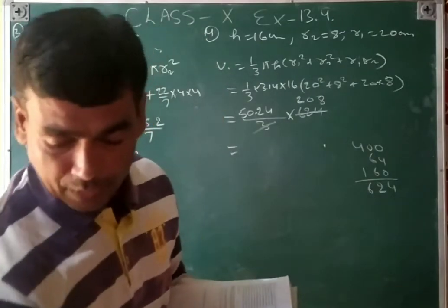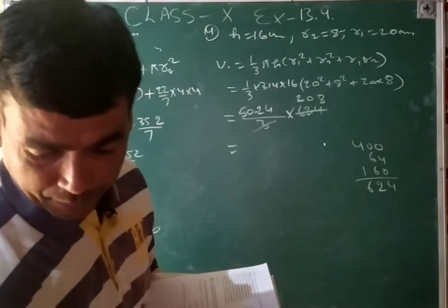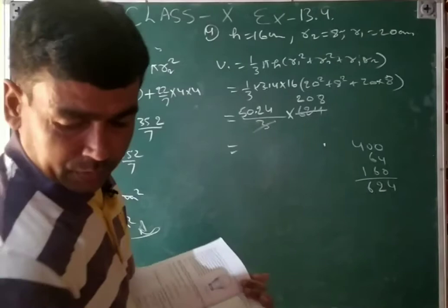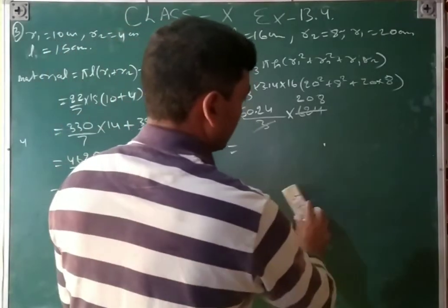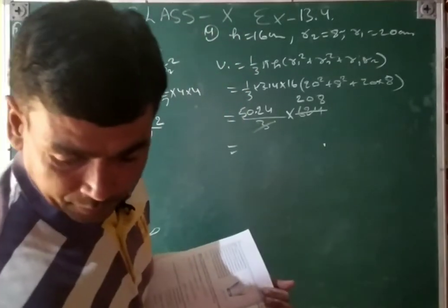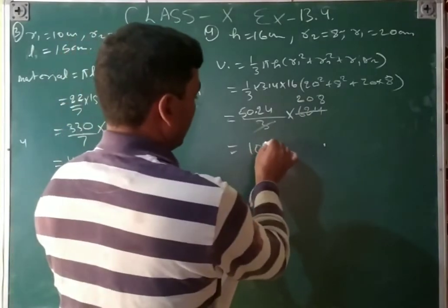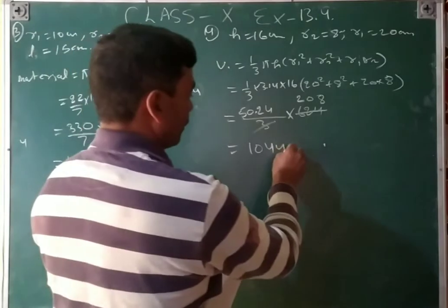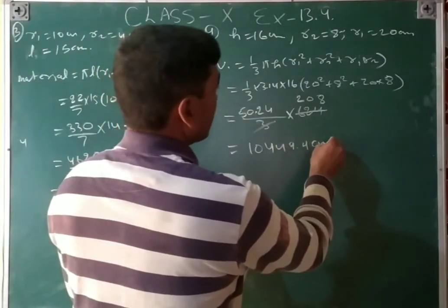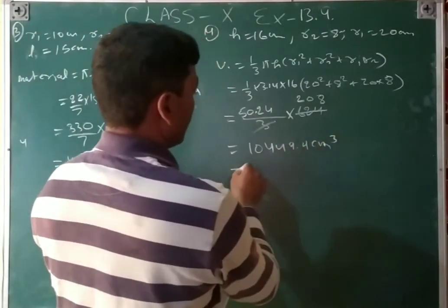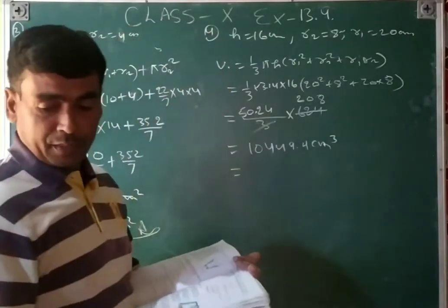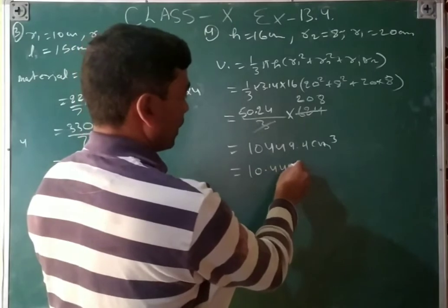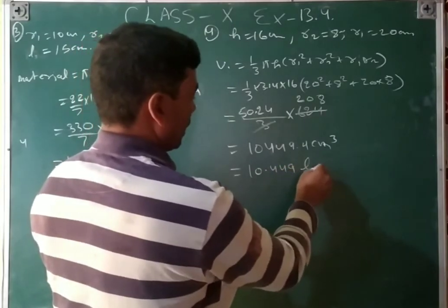Now we will multiply the both, that multiply will be 10449 centimeter cube, or convert in liter that will be 10.449 liter.